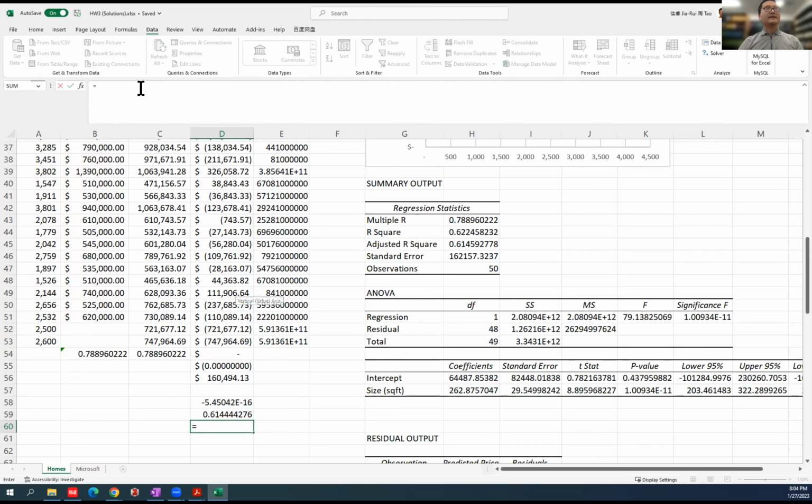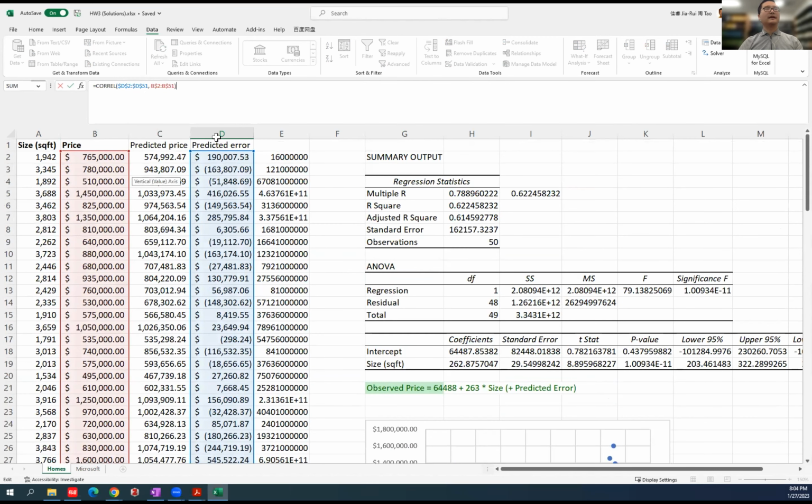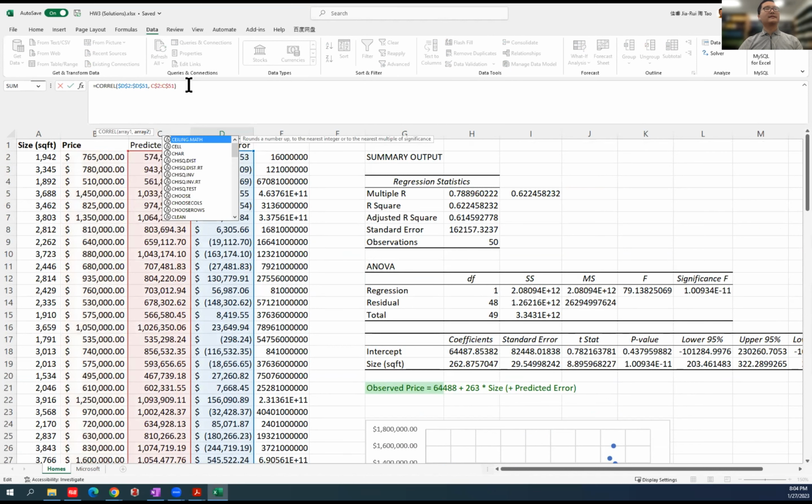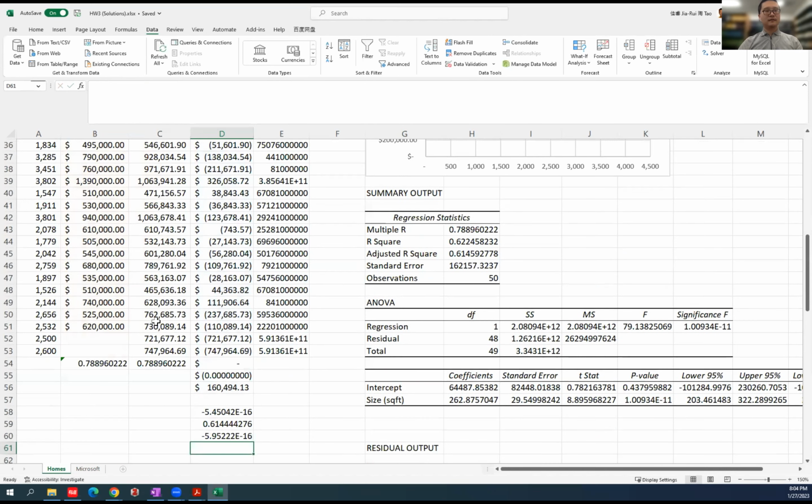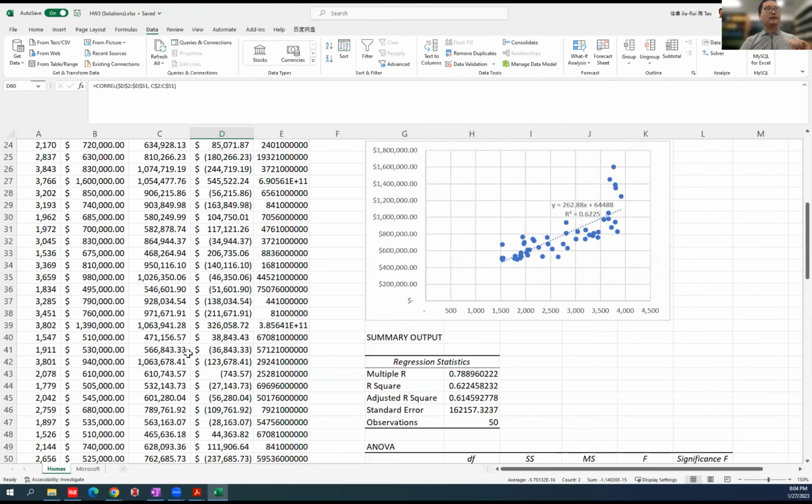And when we calculate the correlation between predicted Y and the residuals, I would expect that to be exactly 0 or nearly 0. So we calculate prediction error and predicted price.